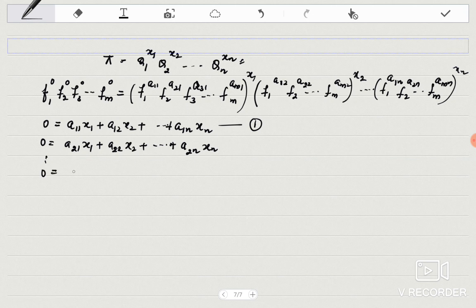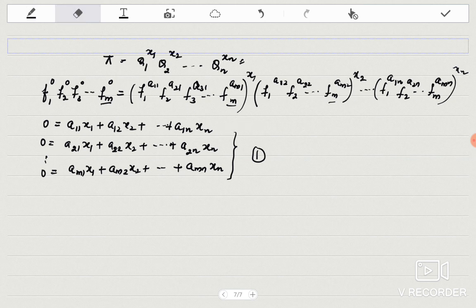In this way the last equation am1 x1, am2 x2 and amn xn, which I got by comparing these. So this is a system of m equations in n unknowns.